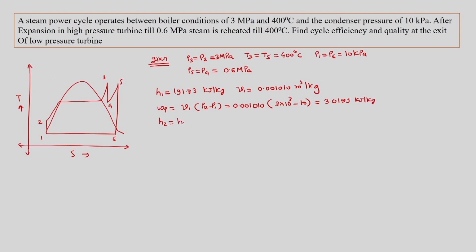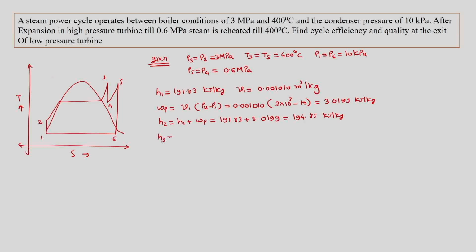So we know H2 is equal to H1 plus WP, 191.83 plus 3.0199, and then we get H2 as 194.85 kilojoule per kg.